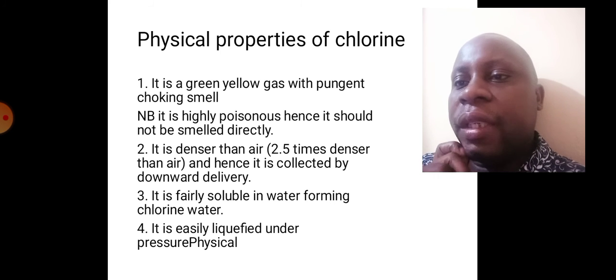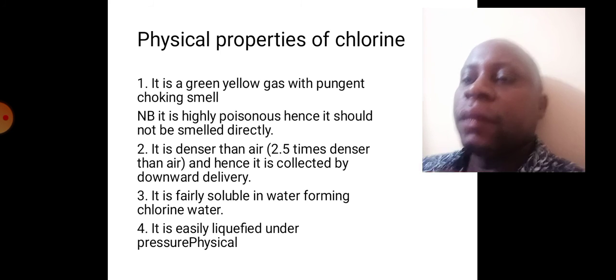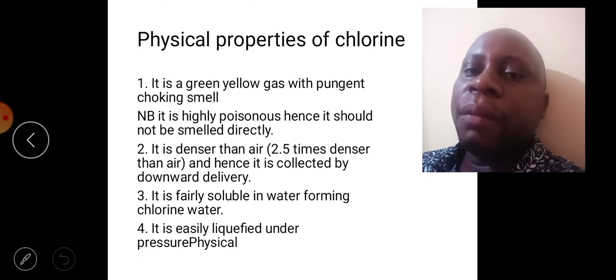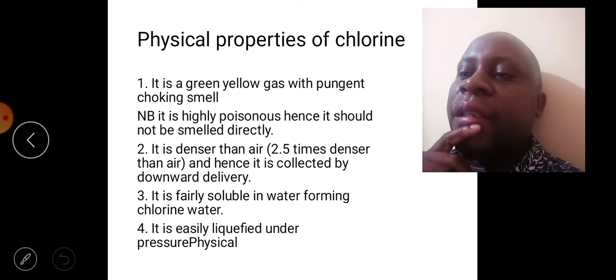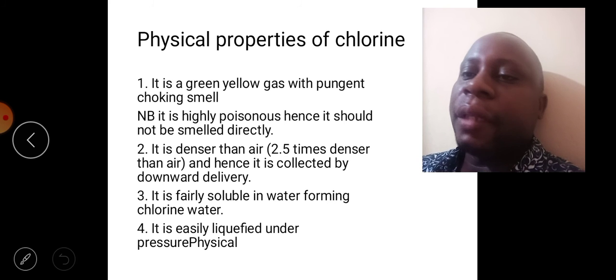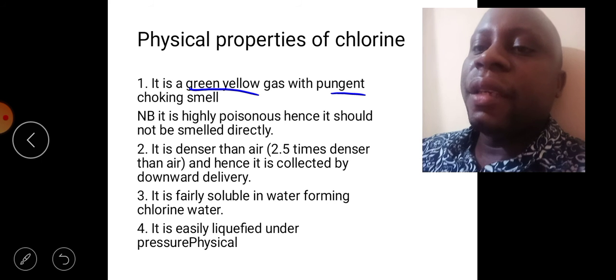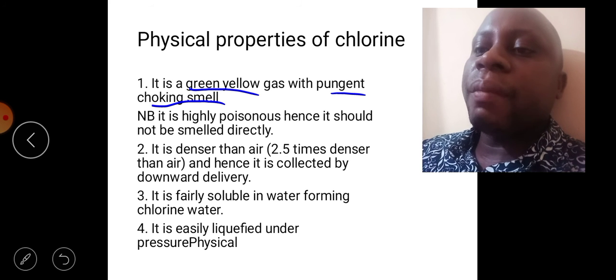So chlorine is a gas at room temperature, and if I talk about room temperature, I mean the temperature that is 25 degrees Celsius. It is a green-yellow gas, and it has got a characteristic pungent choking smell.